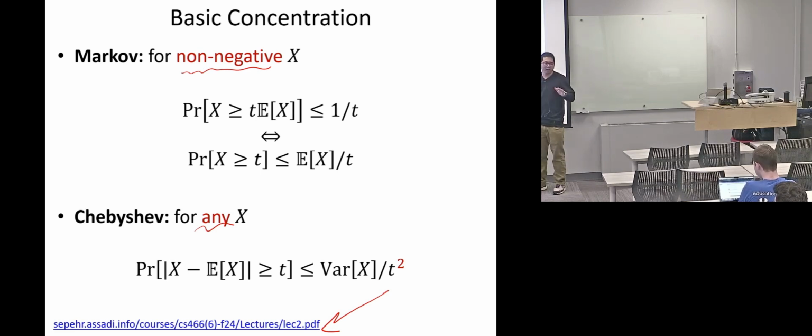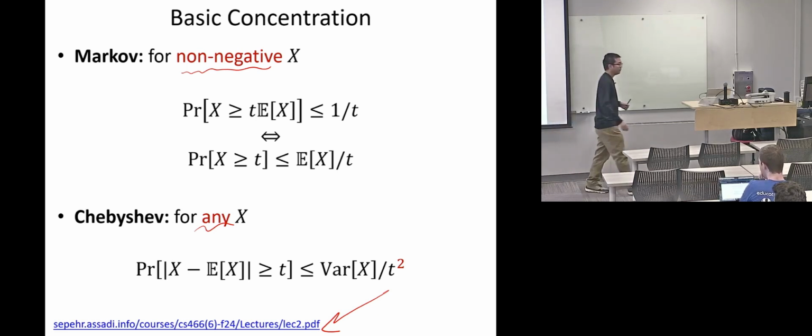So the intuitive way to think about this is that here you get something like 1 over t, and here you get a stronger bound, t squared. But here you need to be able to analyze the variance. So you need to know more information, not just the expectation.